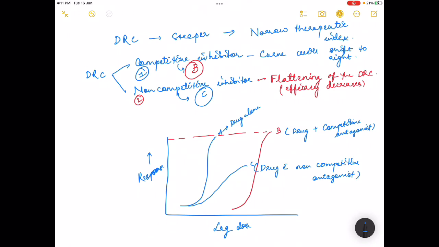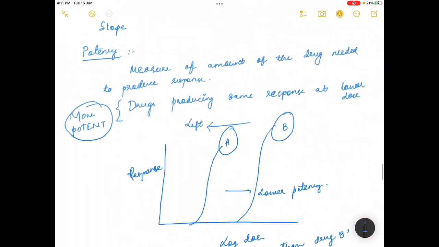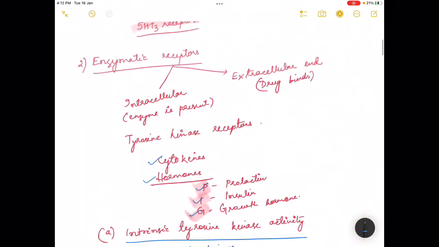So you just need to remember that in competitive inhibition, the curve will shift to the right, and in non-competitive inhibition, there will be flattening of the dose response curve, that is, the efficacy will decrease. So this is all about the dose response curve.